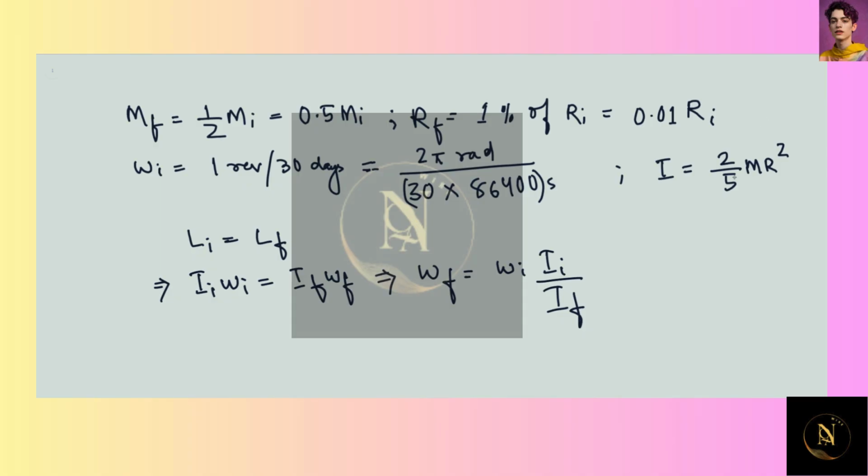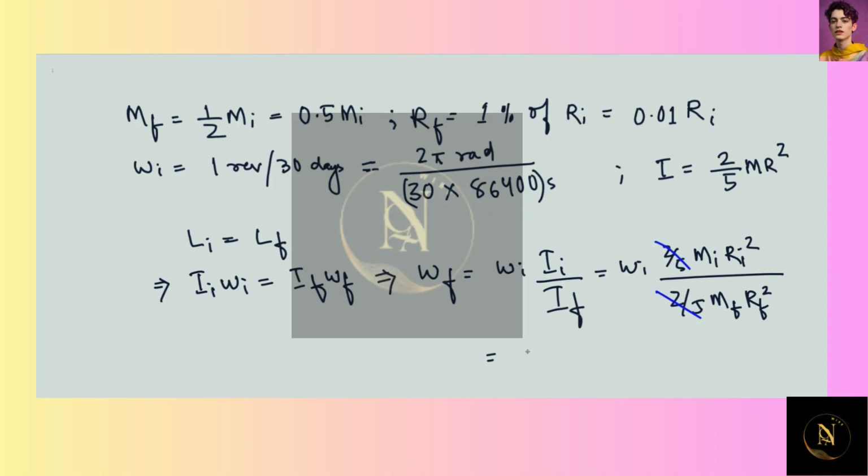So we use this expression over here. So I_i over I_f is 2 over 5 mi times ri square over 2 over 5 mf times rf square. So 2 over 5 cancel out, and now we write mf and rf in terms of mi and ri.